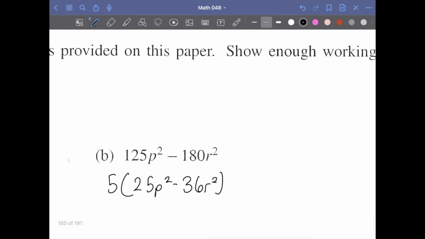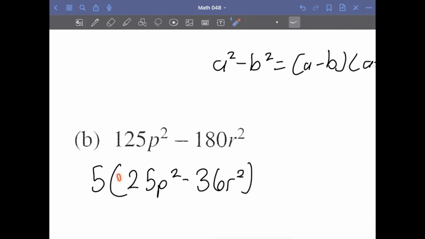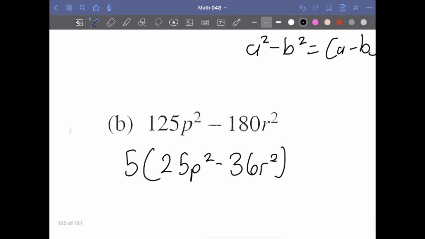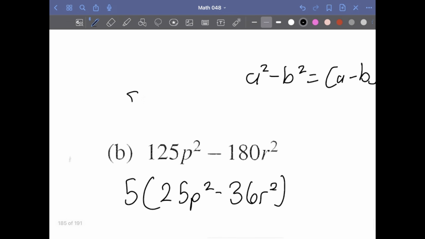So now, difference of 2 squares, the formula for that is a squared minus b squared is equal to a minus b, a plus b, right? So you might want to say, what is a and what is b, right? What's the square root of 25? 5. So this is basically 5p squared minus 6r squared.